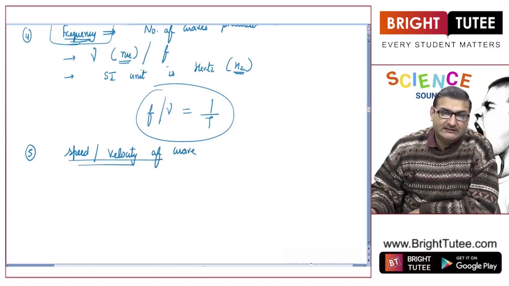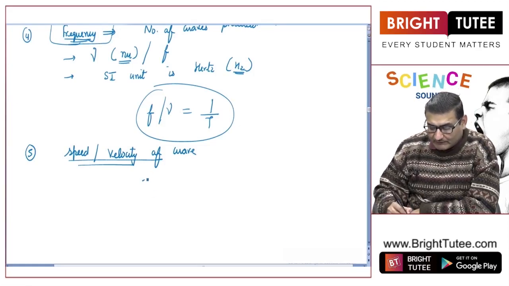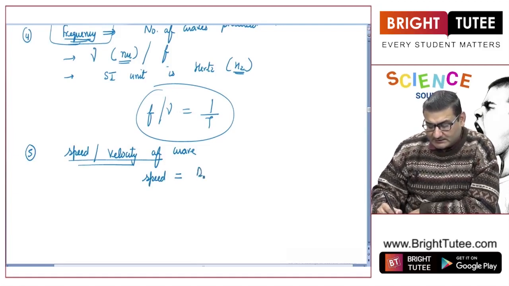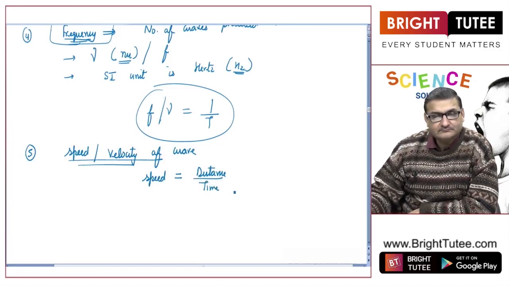Speed or velocity means the speed at which a wave is propagating in any particular medium, if it is longitudinal. If it is transverse, it can be in vacuum also, but the speed with which a wave is propagating or traveling. Now the formula for speed: speed is equal to distance upon time, right?